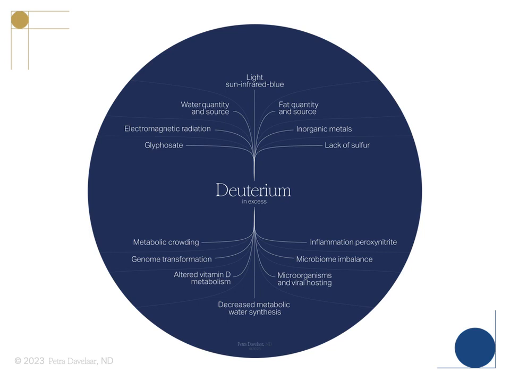An imbalance in all of these causes changes in the microbiome, allows for viral and microbial hosting. Deuterium is a growth factor for these organisms, and it causes inflammation, alters vitamin D and A metabolism, causes genome transformation, and metabolic crowding. Submolecular dysregulation due to the accumulation of deuterium is at the heart of cellular transformation causing cancer.